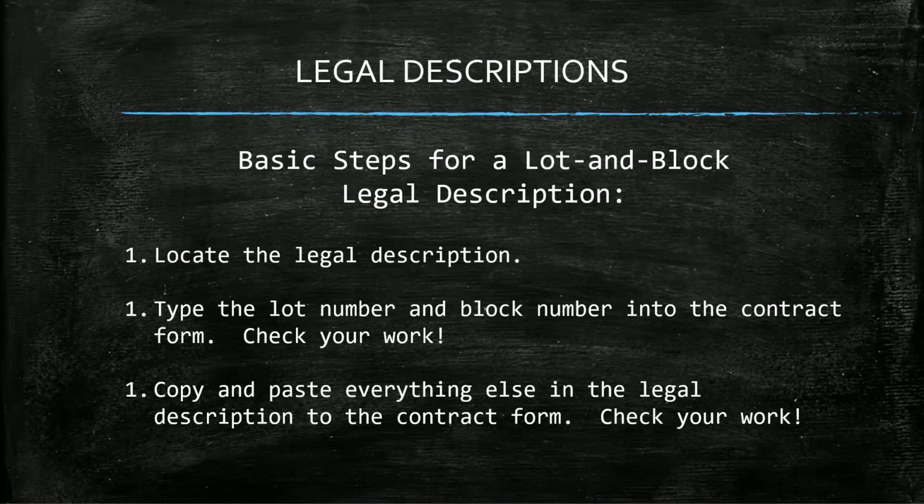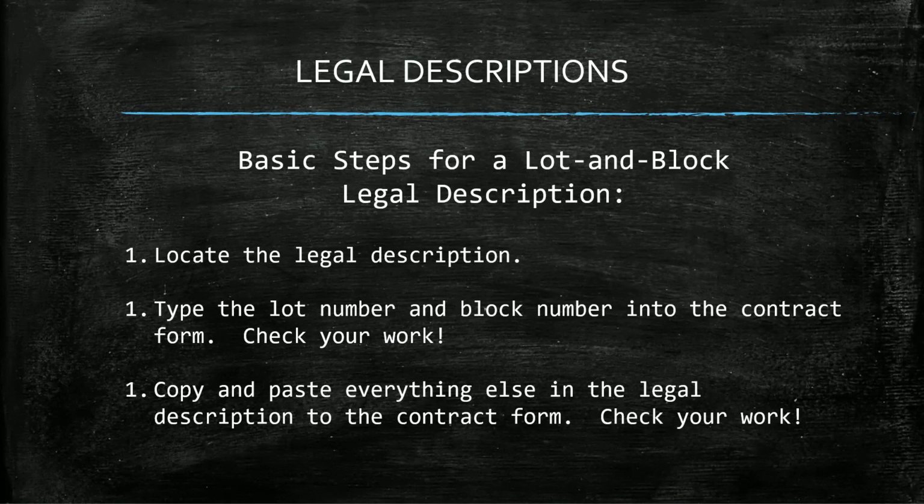So the steps for this are pretty simple. First, you're going to locate the legal description. We just talked about that. County tax records are the best. You're going to type the lot number and the block number into the contract form. And once you've done that, go back and check your work.